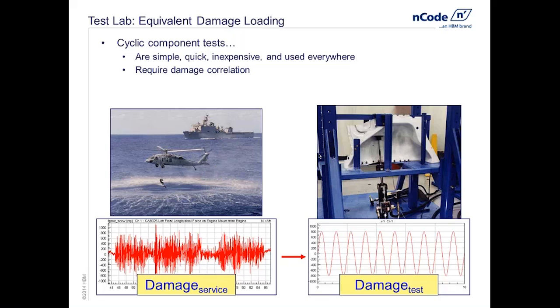For this reason, you can see that we don't want to pick an amplitude that's too small, or we'll be causing such little damage, or even no damage, per simple cycle that it'll take a prohibitively large number of cycles to equalize these damages. Again, the point of this is to save time.